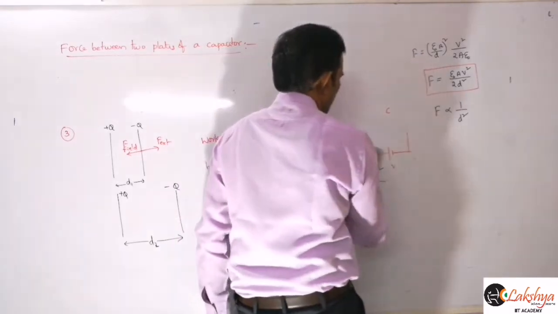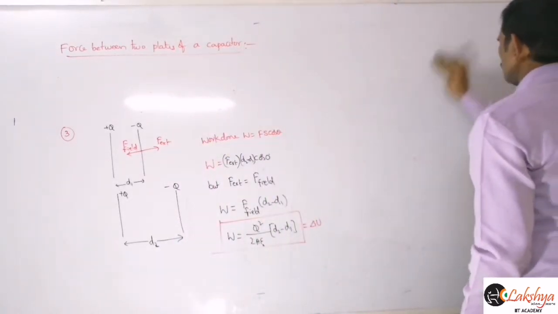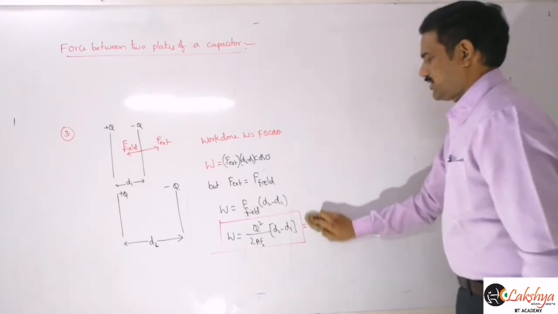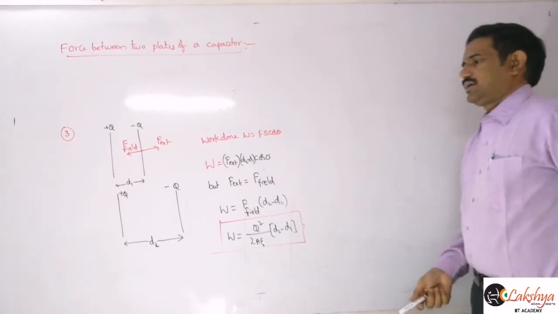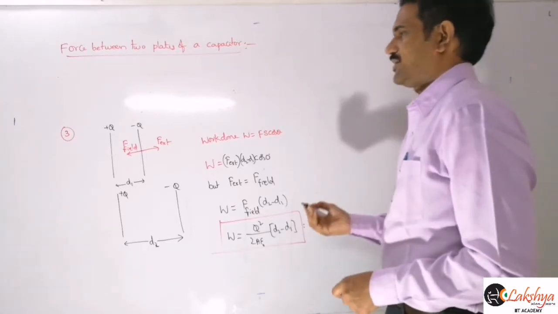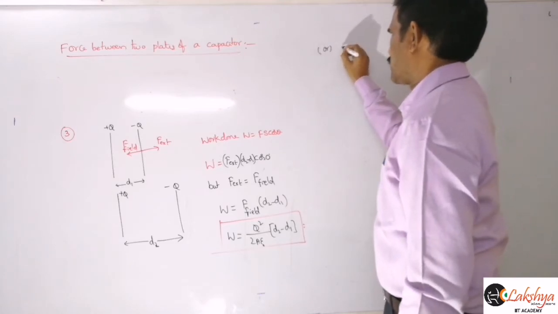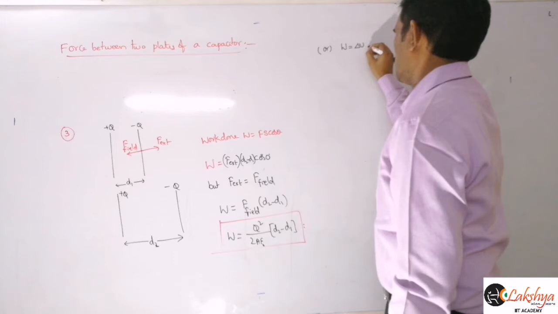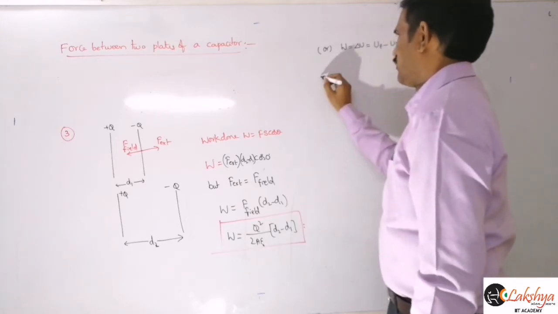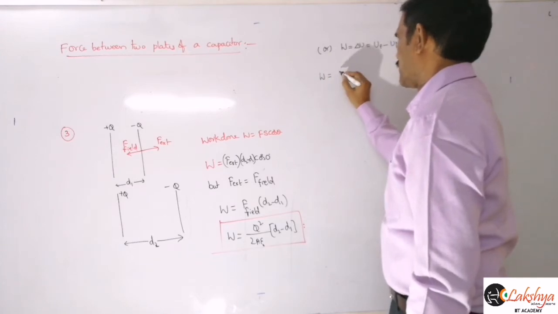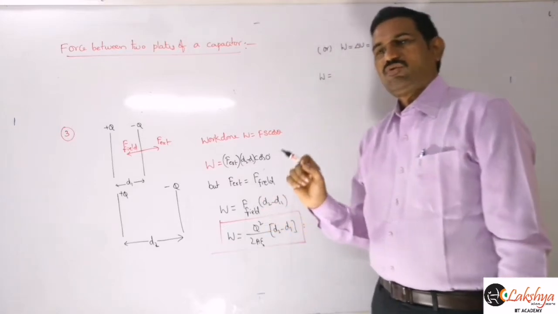In case of an isolated capacitor, the amount of work done in increasing the separation between the two plates of a capacitor very slowly is given by q square by 2A epsilon naught into d2 minus d1.